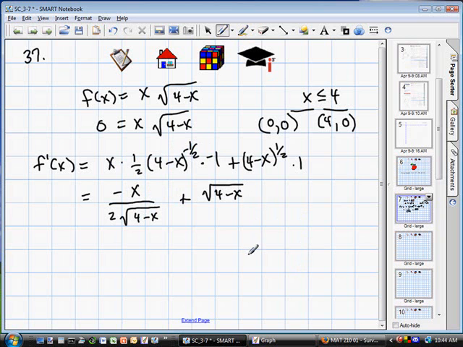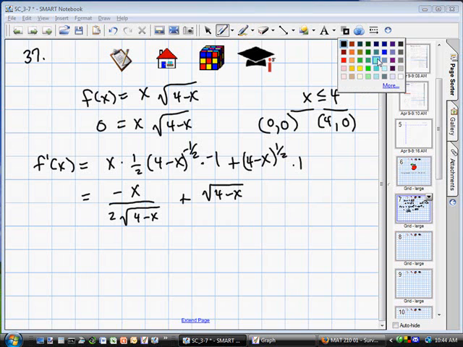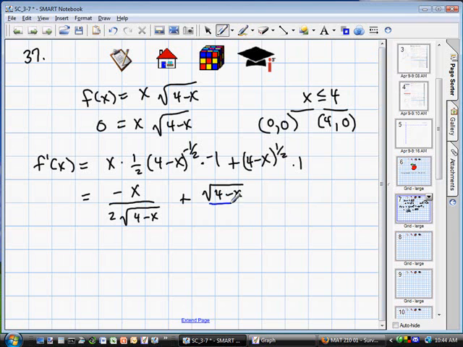So to simplify this a little bit, should we get a common denominator? So let me change colors here. So what you want to do is get 2 times square root of 4 minus x on top and bottom. So I'm going to multiply top and bottom by that. And what does that give us?